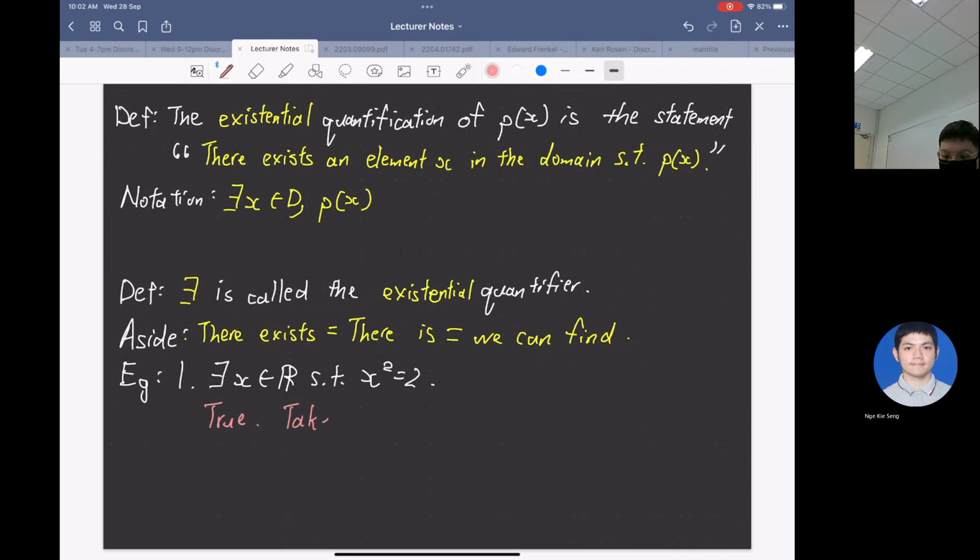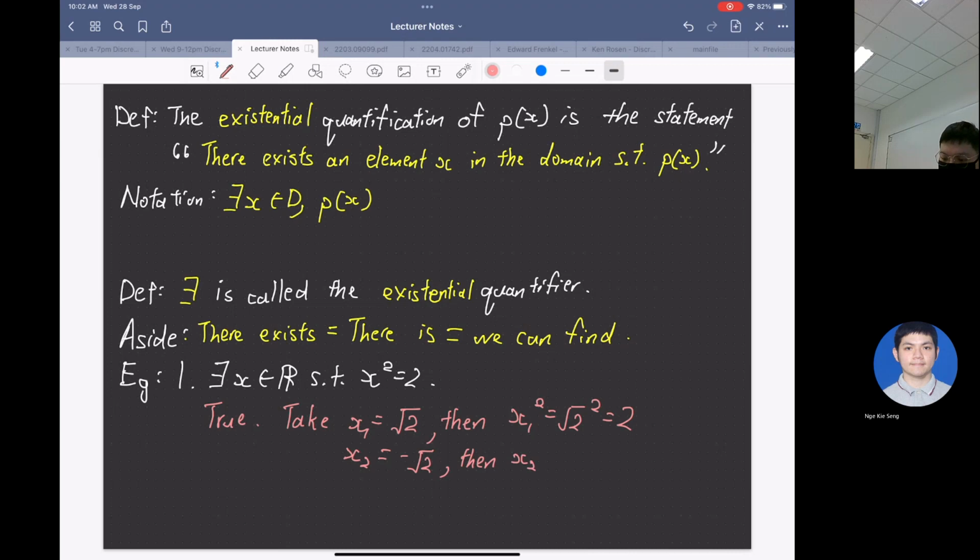Take x equal to square root 2. Then x squared is 2. In fact, there are two of them. You can also take x equal to minus square root 2, and you also get x squared equal to 2.